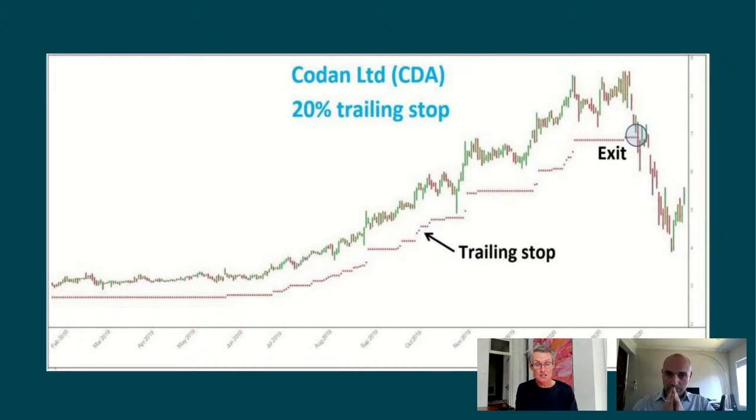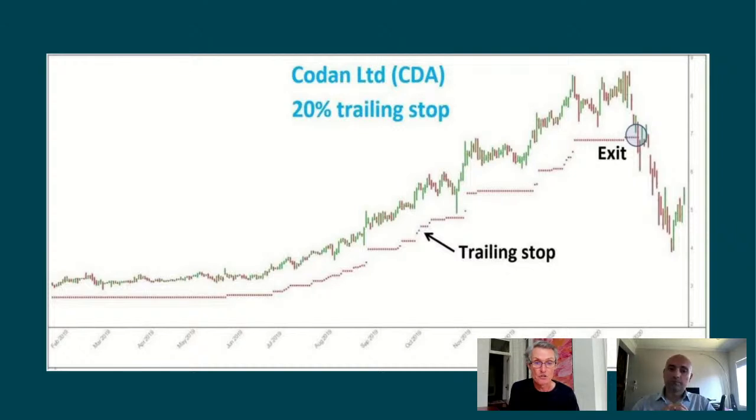So the idea behind this, and this is an easy one you can calculate yourself and you can apply to your own portfolio, it's simply a case of when you get your entry point, every time the stock makes a new high, you set your trailing stop 20% below the previous high point, and then it makes another high and you're 20% below again. So you can see the trailing stop is staying a consistent distance away from the recent high, from the trade's high.